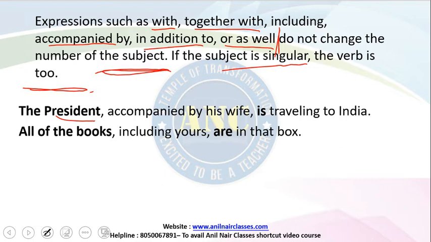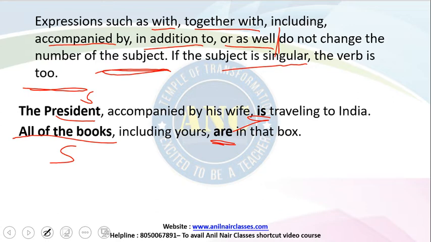The president, accompanied by his wife, is traveling to India. All of the books, subject in plural form, including yours, are in that box. So when you have such expressions, and the subject's number is not changed, the verb will remain the same.